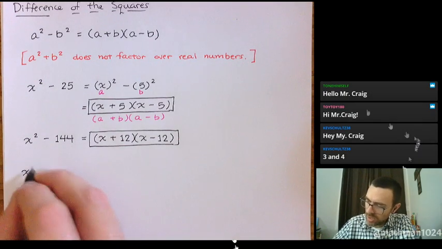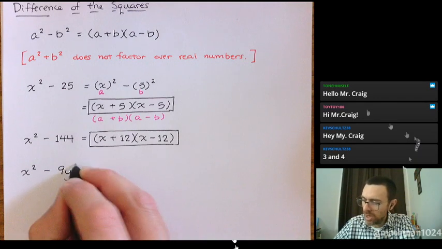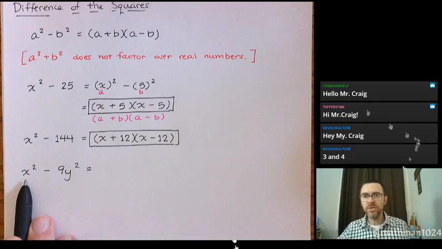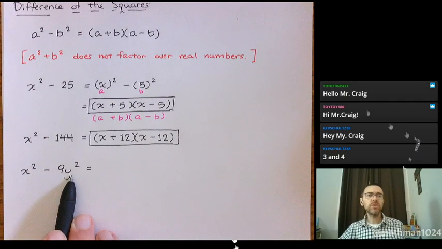Let's try x squared minus 9y squared. So if I didn't have the y squared there, it should be a fairly simple problem. We can at least identify that this is a square, 9 is a square, but look, y squared is also a square.